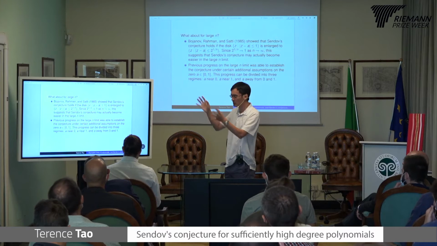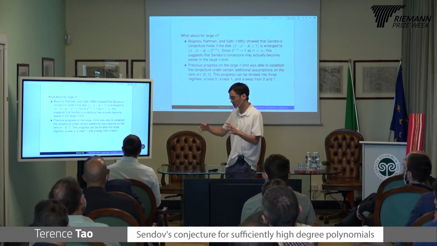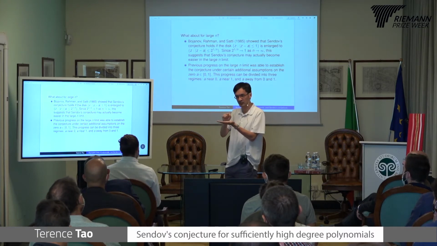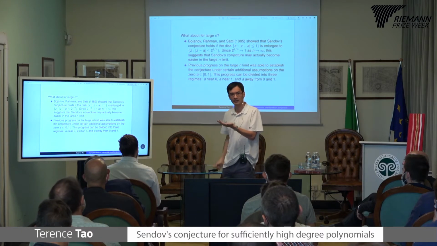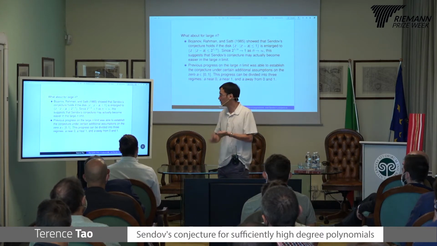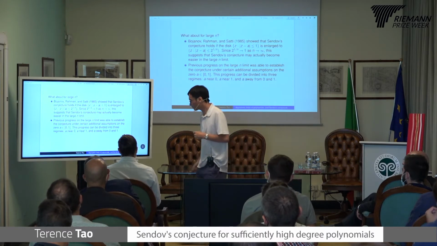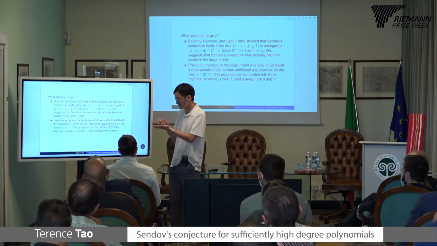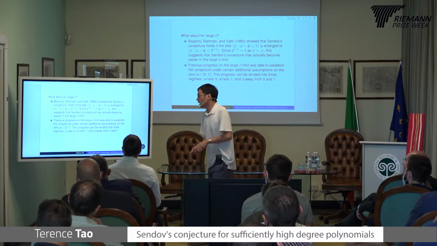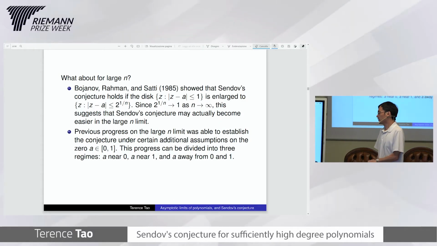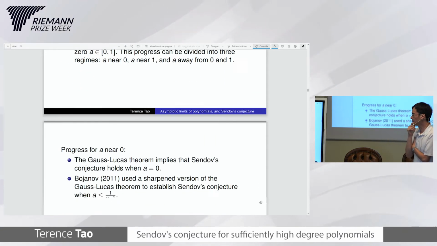You see in the 2 examples that I gave, in one of the examples, a was at 0, and in the other example, a was at 1. So the 2 extremes of 0 and 1 are very important. And then there's also this intermediate regime where a is in the middle. There have been a lot of results on all these cases, so we'll now go to the next slide and discuss some of them.